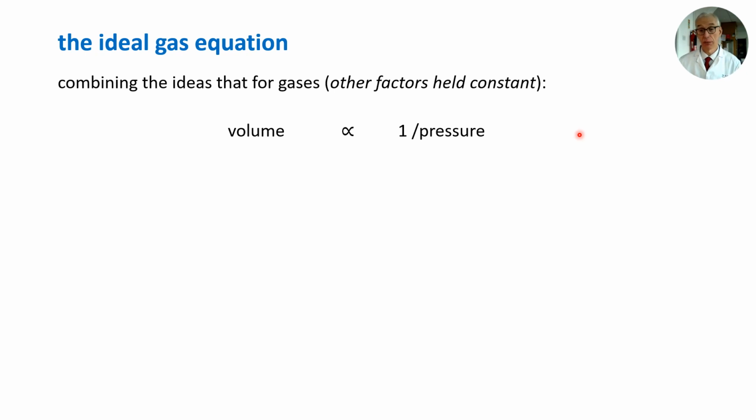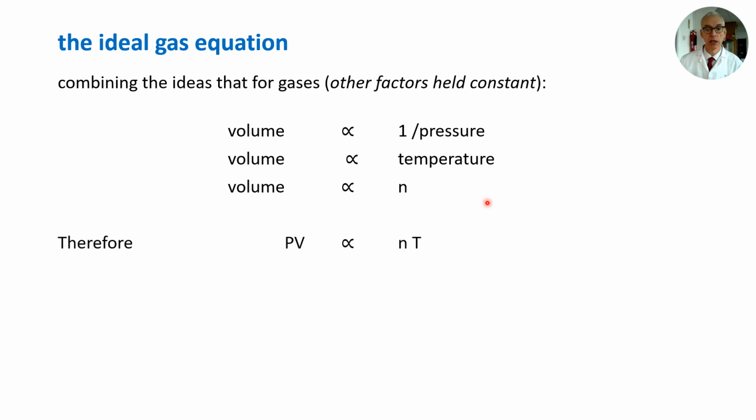That is, if you double pressure, the volume will halve. If you double temperature, the volume will double, all other factors such as numbers of moles and pressure being kept constant. If you double the numbers of moles, then volume would double, other factors held constant, so that again is a proportionality. Volume is proportional to number of moles.